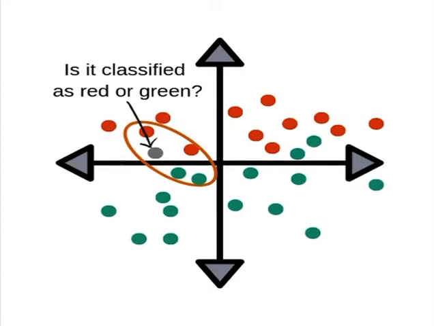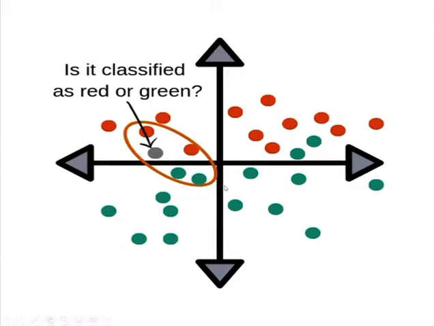I want to tell you this: we live in a world where we cannot all be in the same class. There's variation in this world, and because of that, we are going to be faced with classification issues.